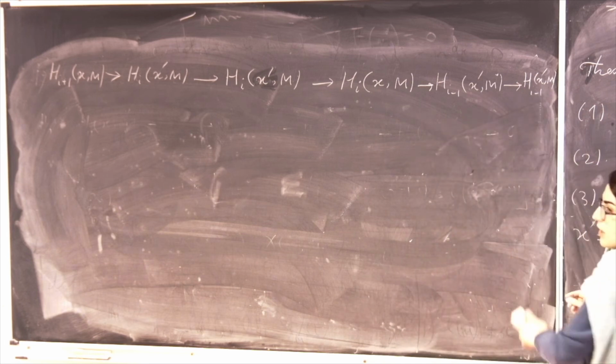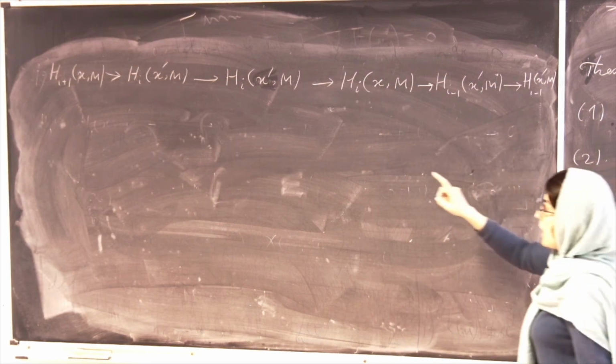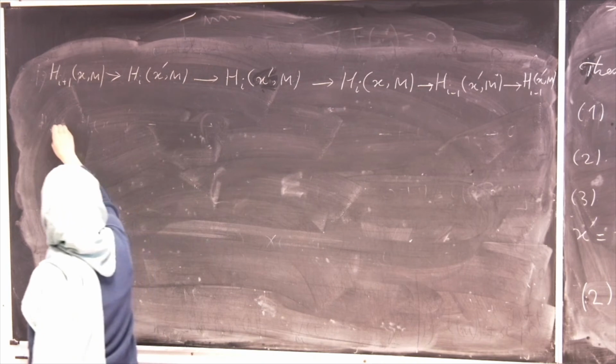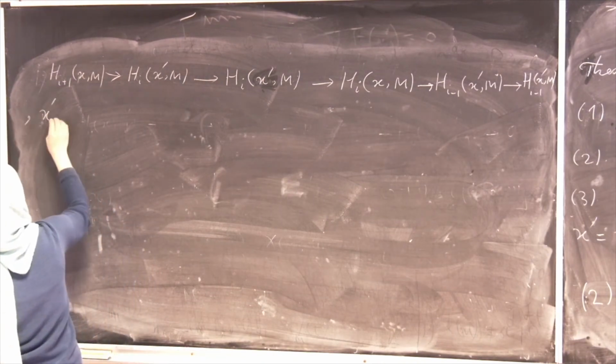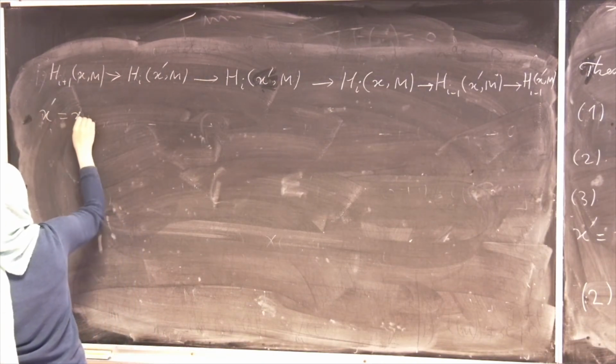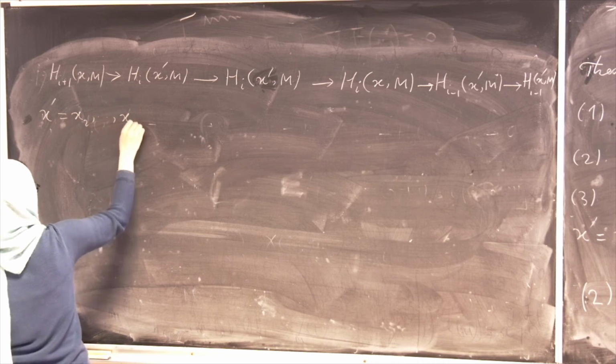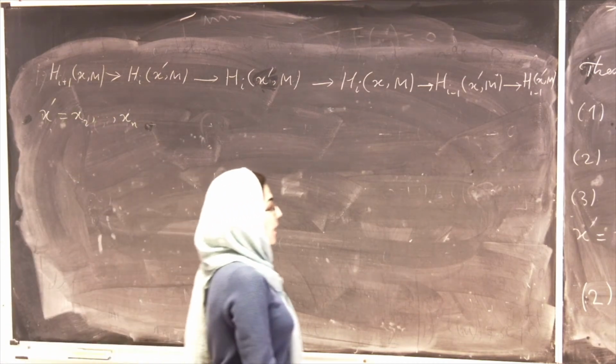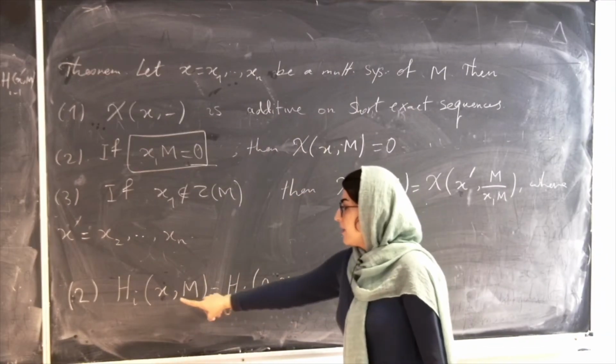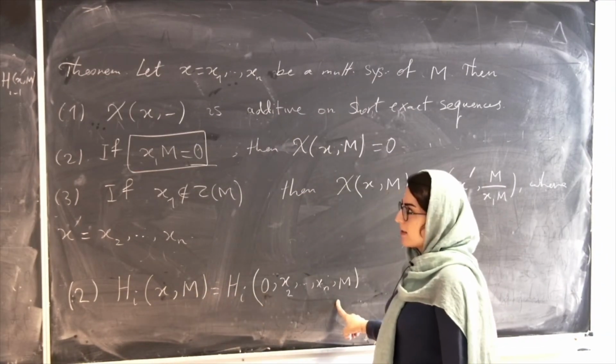There is such a long exact sequence where x prime is just x2 up to xn. So we just remove x1 here, or x1 is 0. We replace this sequence by 0, x2 to xn.